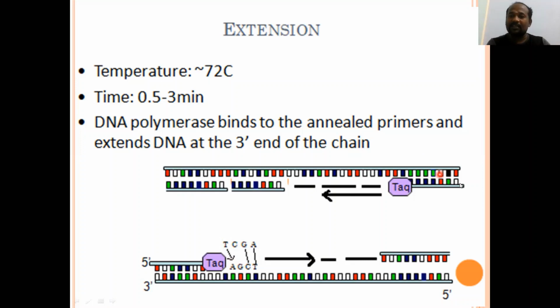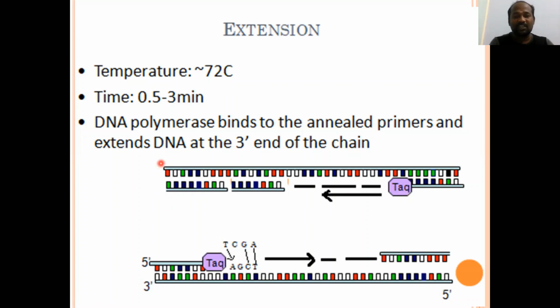In the same manner, the reverse primer also will extend with the primer addition, dNTP addition, and attach with the complementary DNA sequence with the help of DNA polymerase enzyme, until the new DNA strand has been synthesized. So this is the extension process.